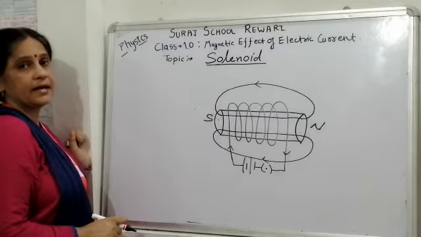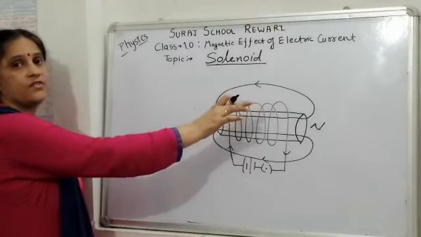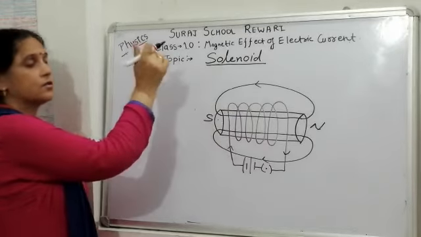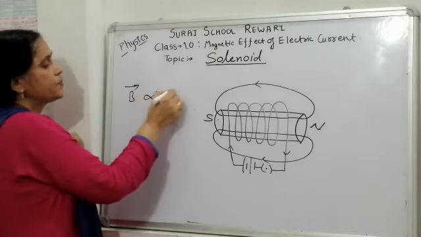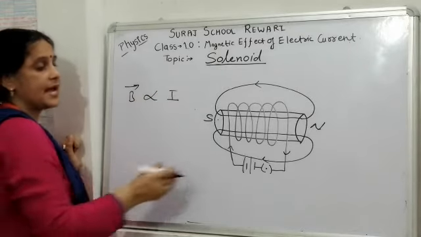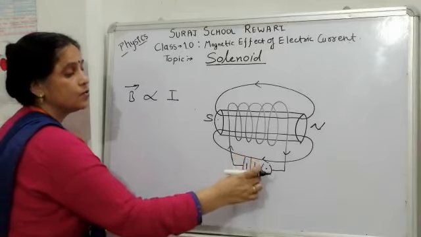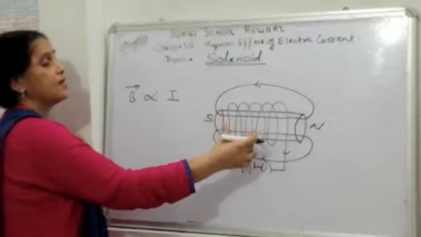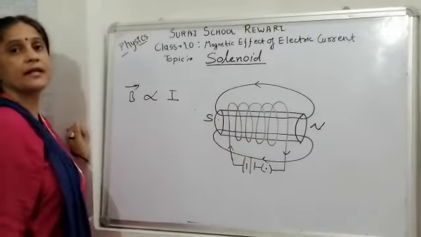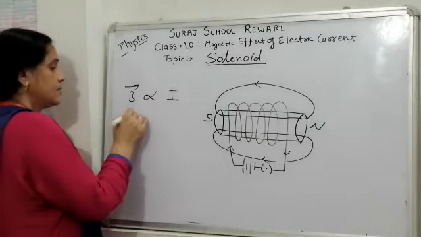Factors affecting the magnetic field around the solenoid. Which factors affect the magnetic field around the solenoid? The magnetic field in a solenoid is directly proportional to the current. The more powerful the battery we use, the more the magnitude of the magnetic field increases.